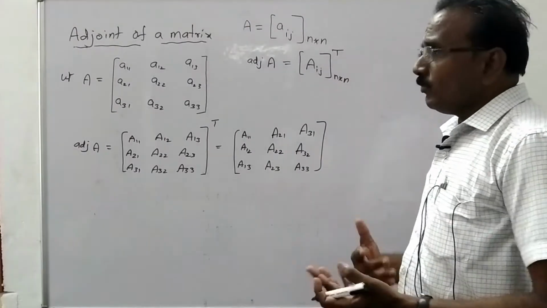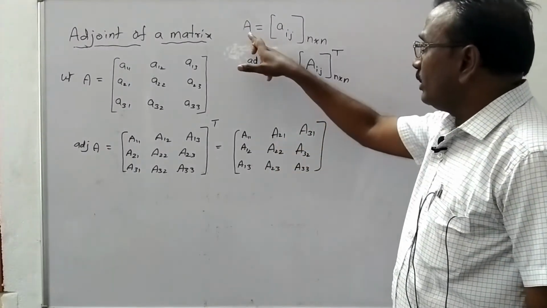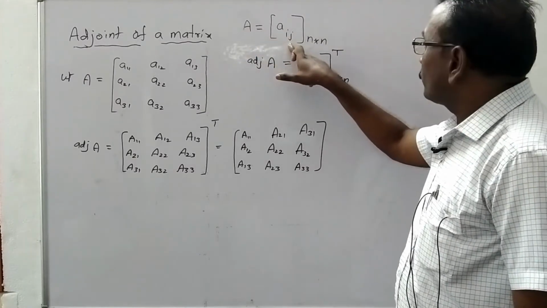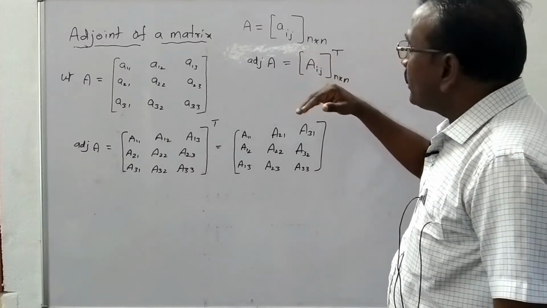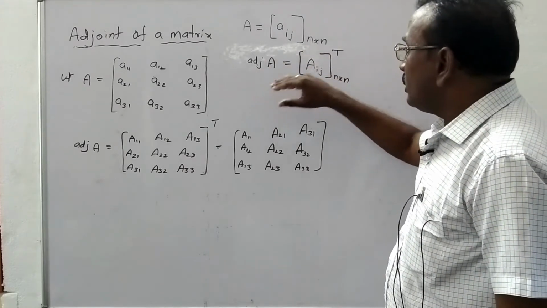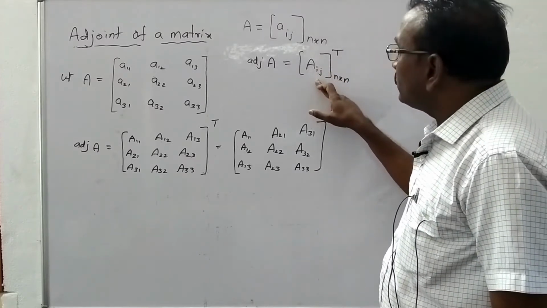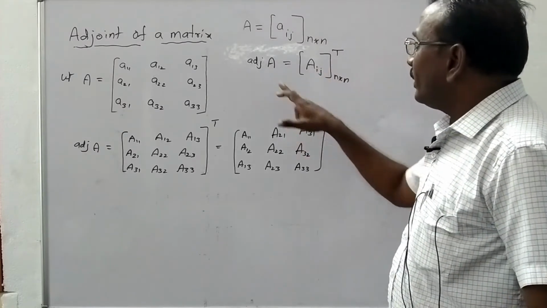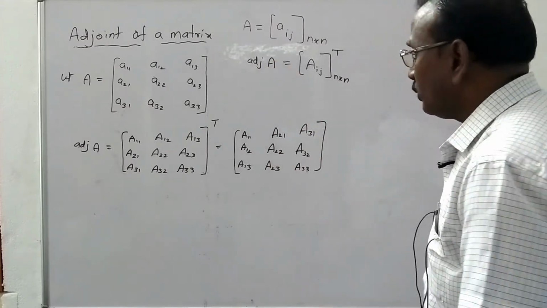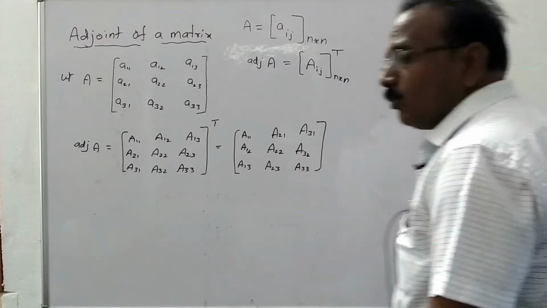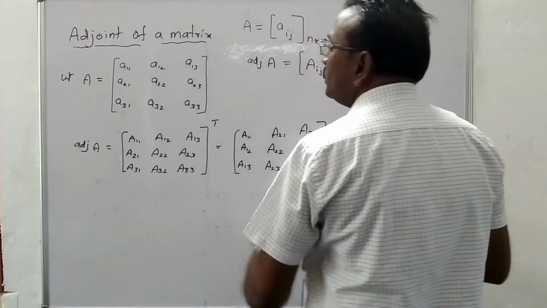Now once again, what is the definition of the adjoint of a square matrix A? Let A equal aij of order n cross n be any square matrix. Then the adjoint of matrix A is the transpose of the cofactor matrix. That is the definition, denoted by Adj A. Now we can also write it directly.